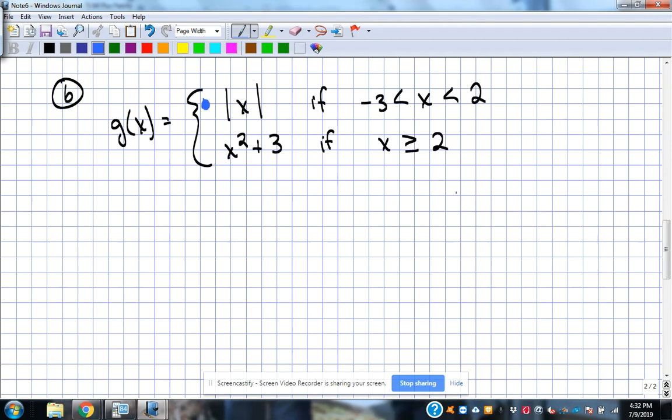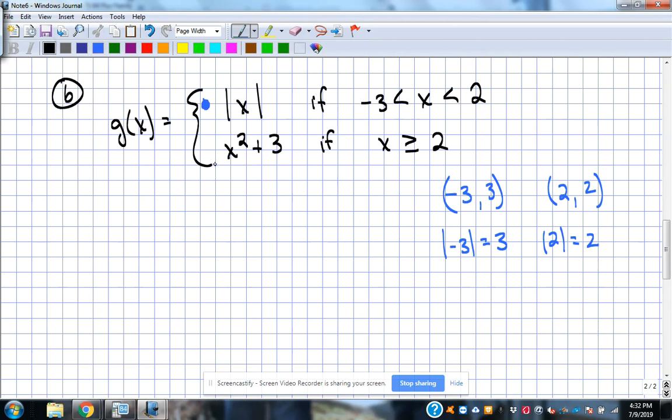It's going to have a point at -3, so plug that in. What's the absolute value of -3? It's 3. So at -3, 3. And then one at 2, and the absolute value of 2 is 2. At 2, 2. All right? So those are important points for this particular graph.